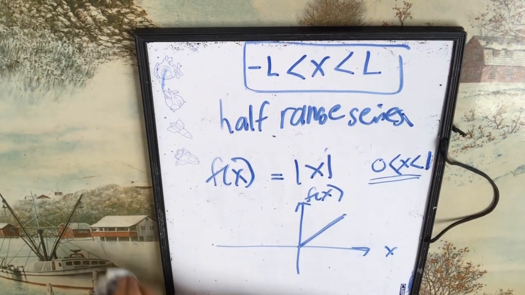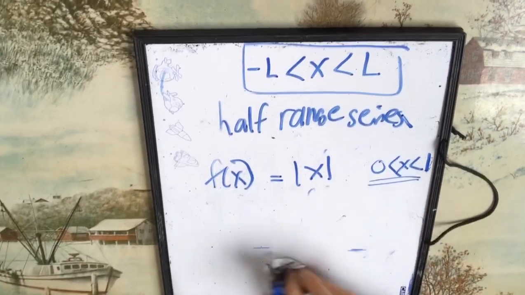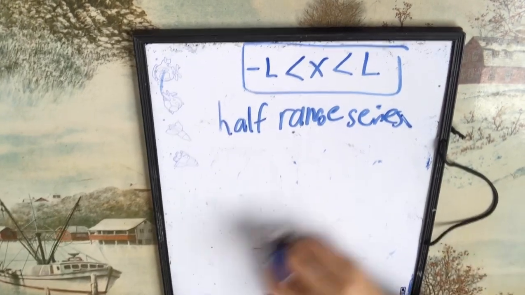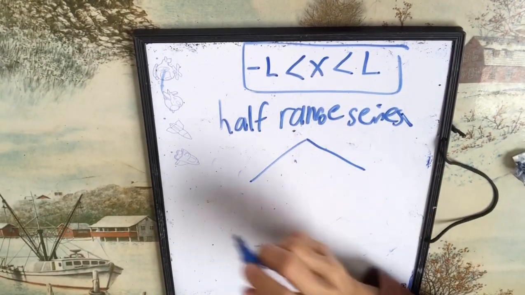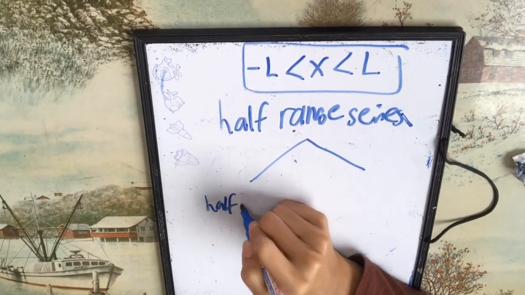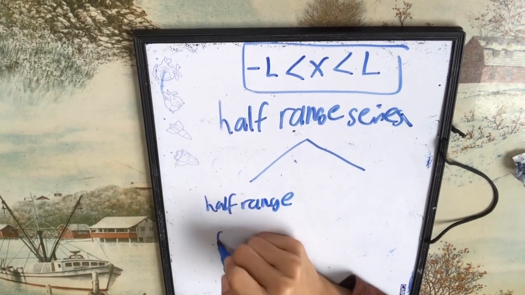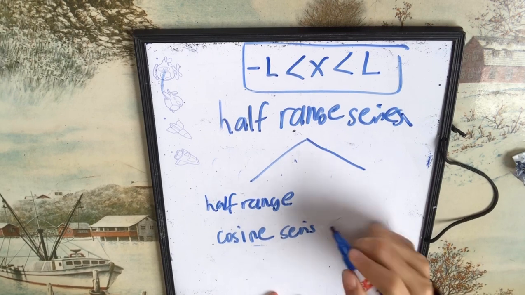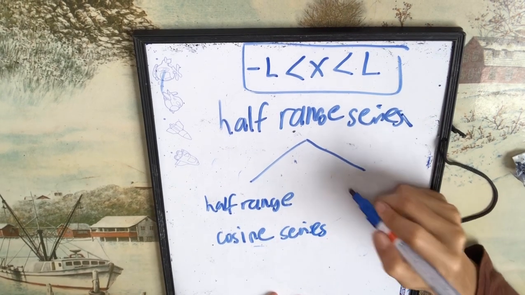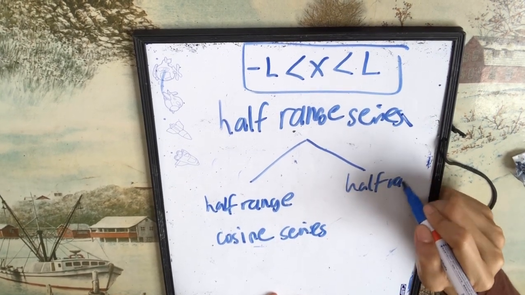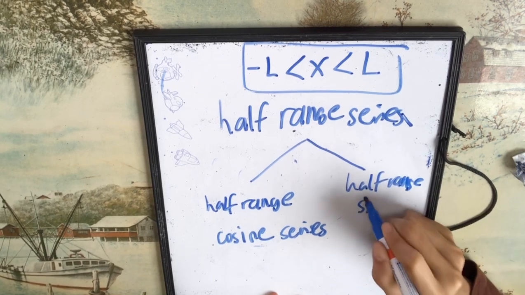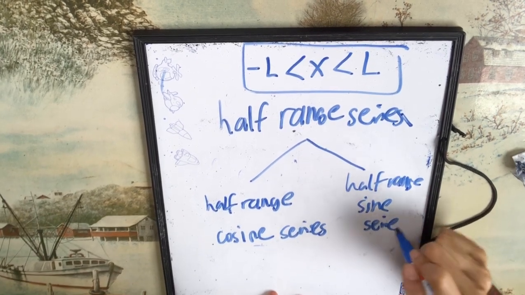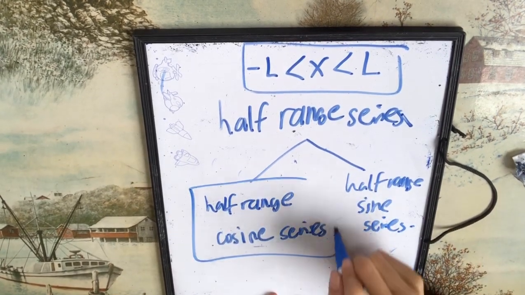They have specific names for half range series, which are half range cosine series and half range sine series.